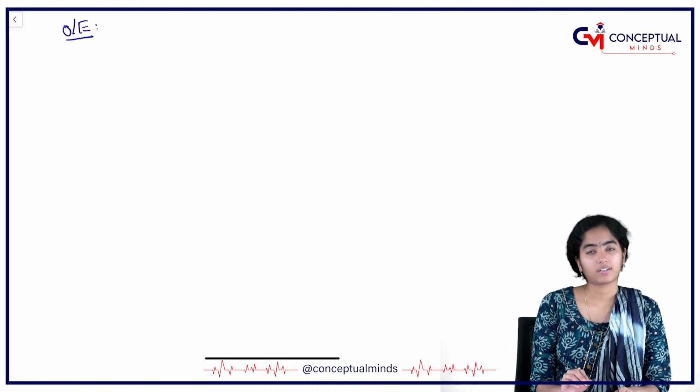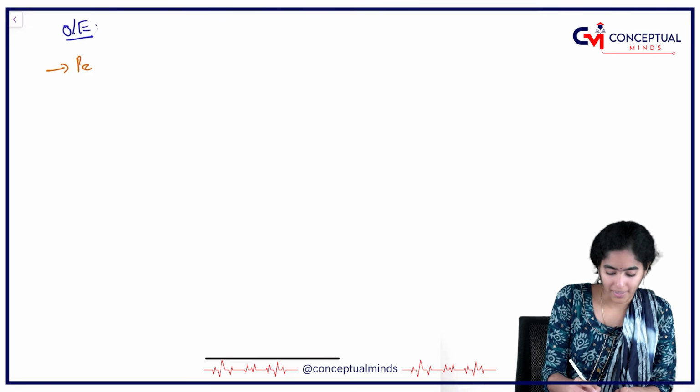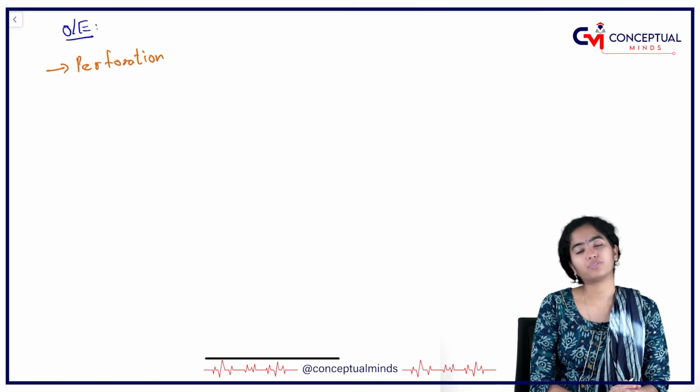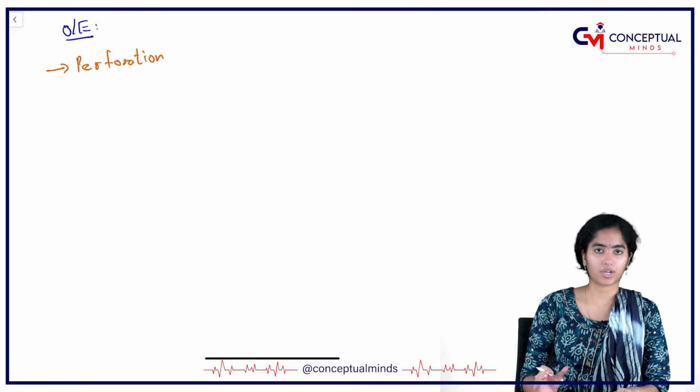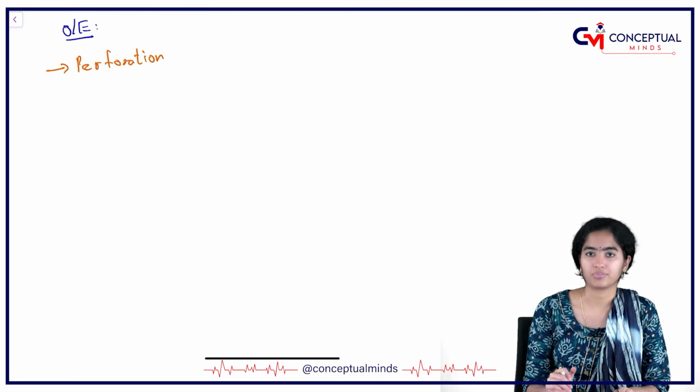Now the first clinical sign that we see is perforation of the tympanic membrane. And we should immediately assess what type of perforation it is. Is it central or marginal or attic type? And if it is central, what is the size of the perforation?